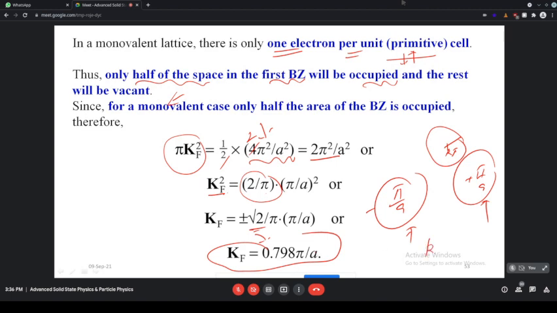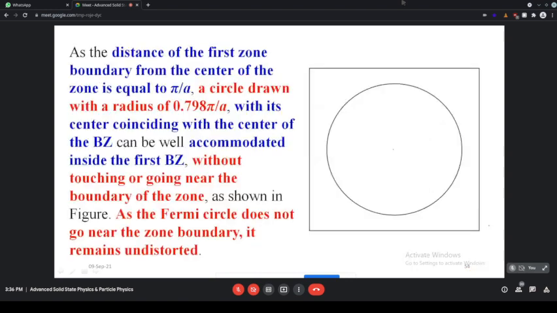It means, can I say that kf is less than pi by a? The value of kf is less than pi by a. If you draw a Fermi surface from minus pi by a to plus pi by a, this Fermi surface will lie completely inside the first zone boundary. If this is the center, then this is pi by a, and this is pi by a.